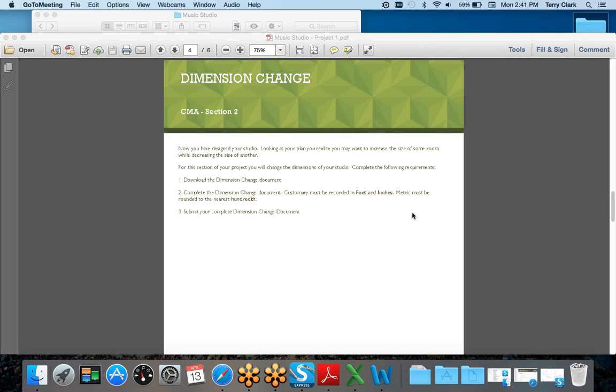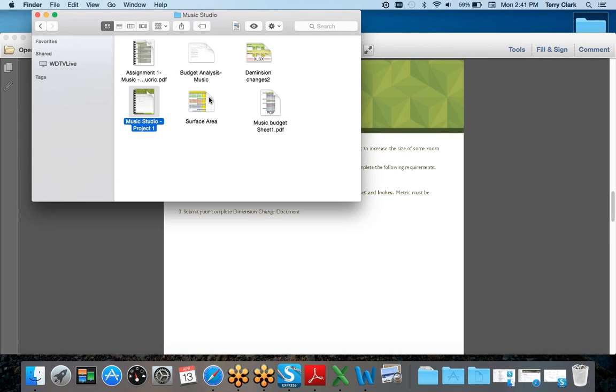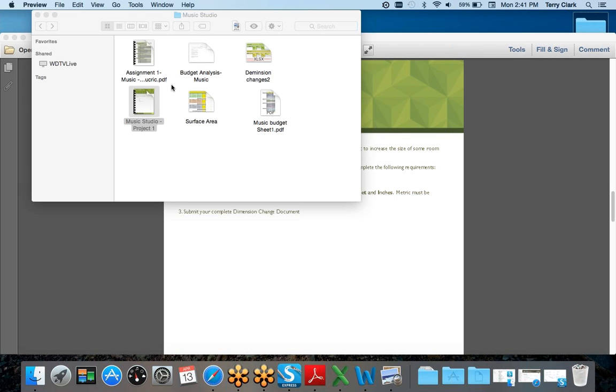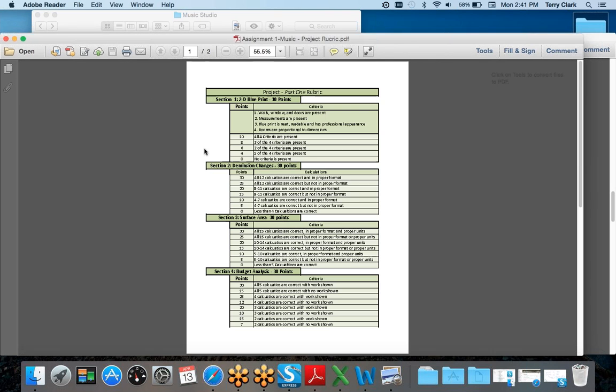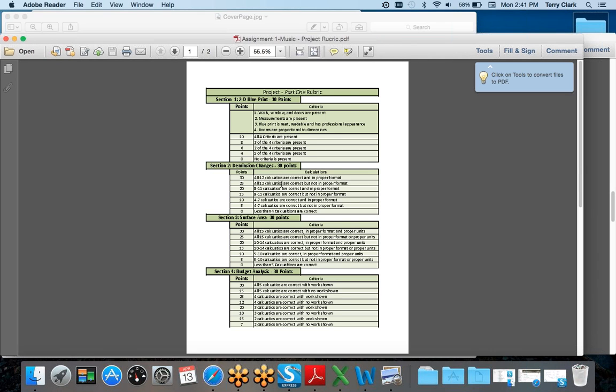Yeah, you do have to show your steps. The way it works is if we go back to the rubric, it kind of shows you, and it says 12 calculations are correct and in proper format. For those, you don't really have to show your steps.